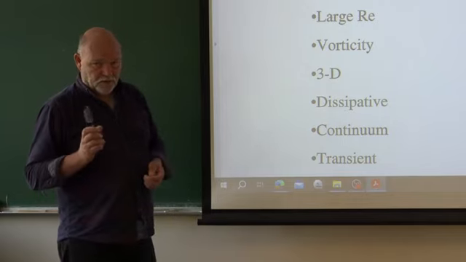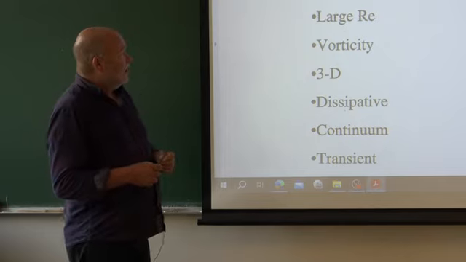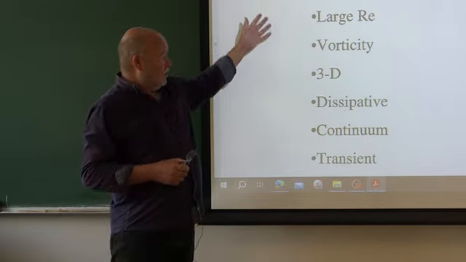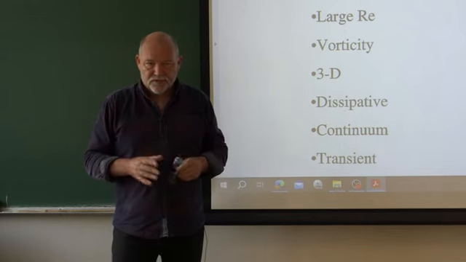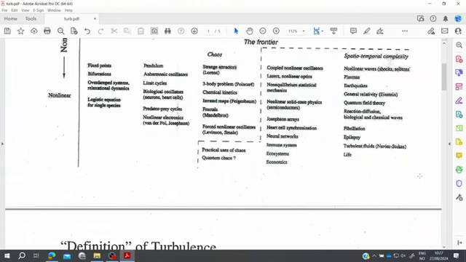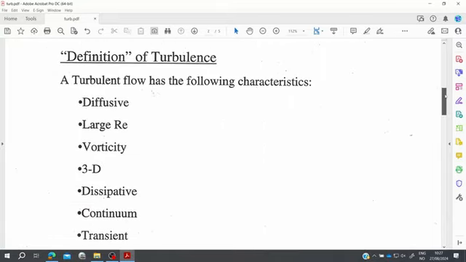So a turbulent flow must have all these different characteristics. It is a highly diffusive flow, a lot of mixing. It's a large Reynolds number phenomenon. What is large? Well, that depends. Inside a pipe flow, you should know the number 2,300. But for a flow around a building or a car or something, then you're talking about 500,000 or something.